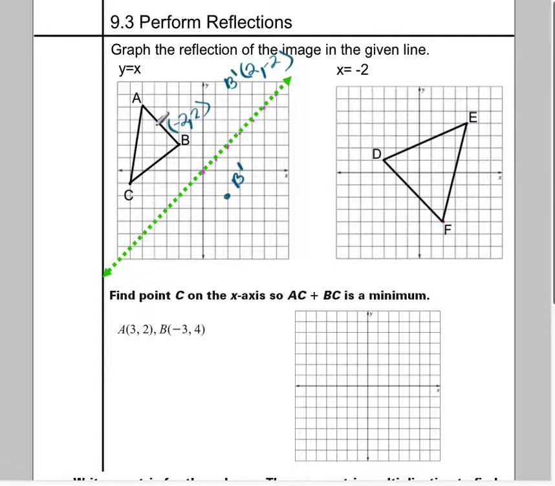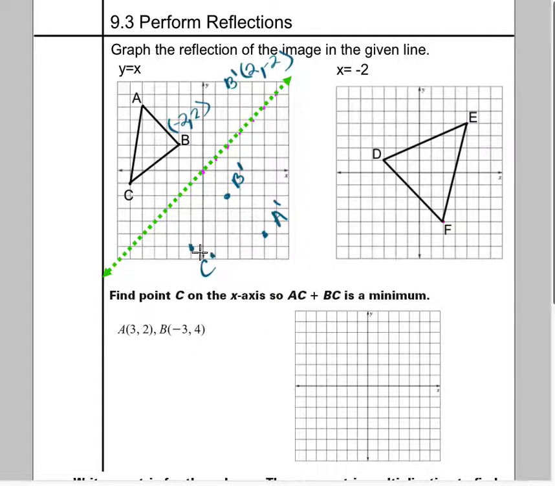So I'm counting from A. 1, 2, 3, 4, 5 diagonals for A prime. C is 1, 2 and a half diagonals, so half, 1, 2, puts you at C prime. So if you do choose to count, just be real careful as you're counting.